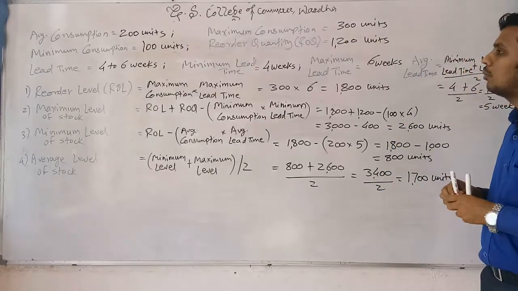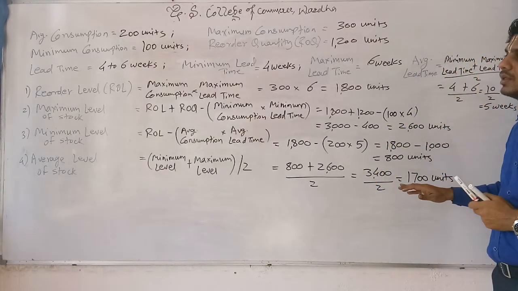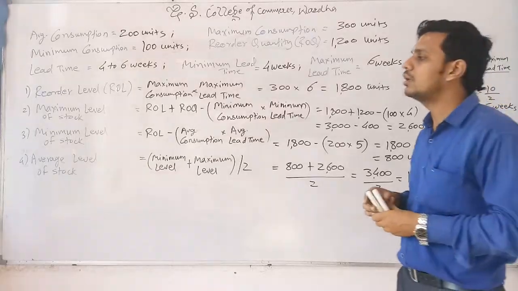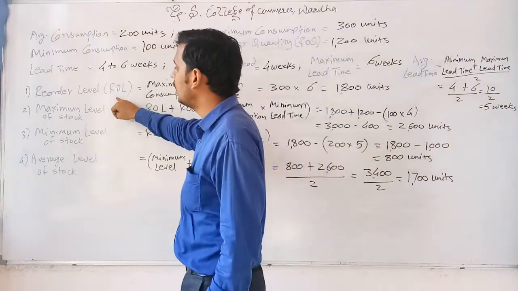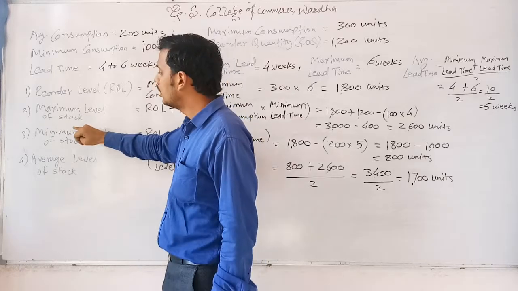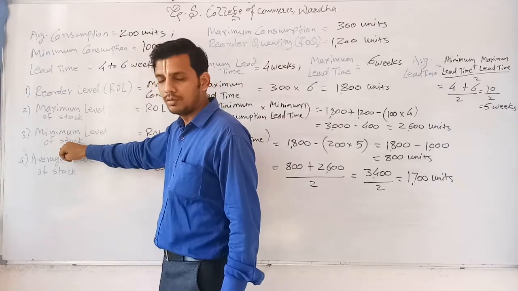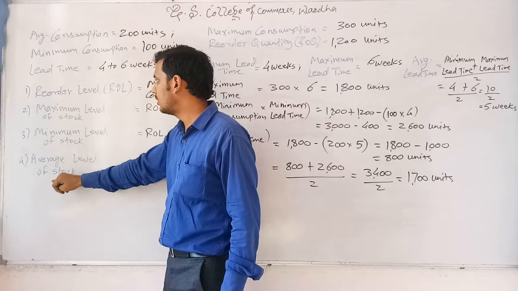This is all about reorder level, calculating various levels of stock. Here we have calculated 4 levels. The first one was reorder level, second was maximum level, third was minimum level, and lastly average level.